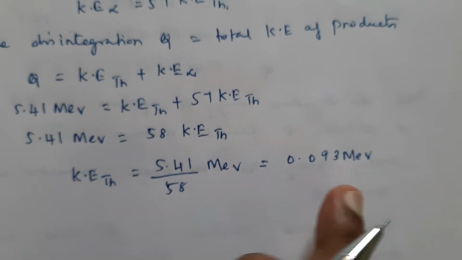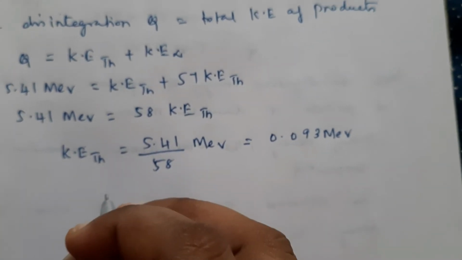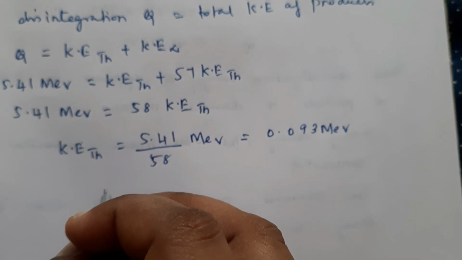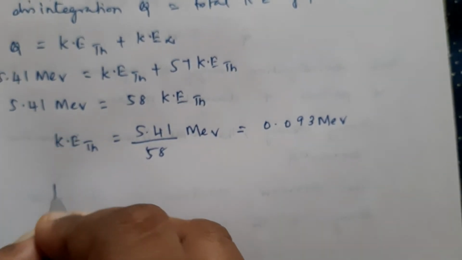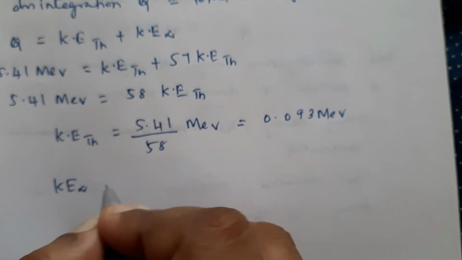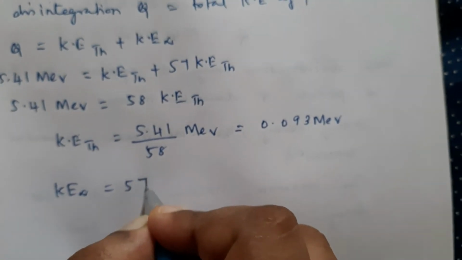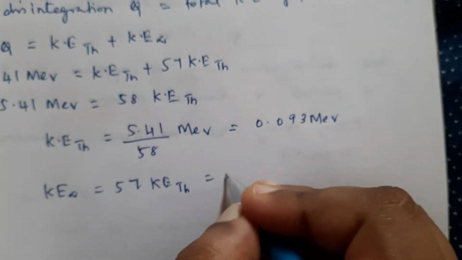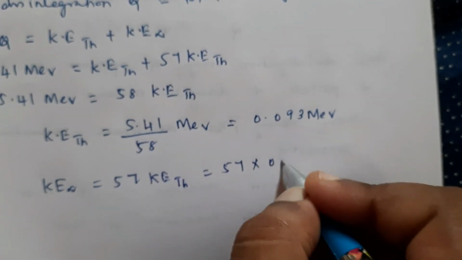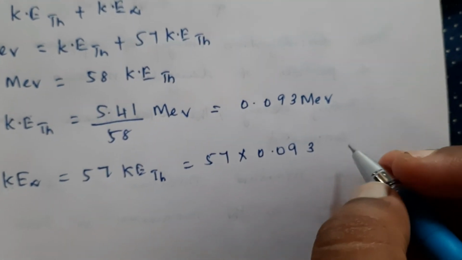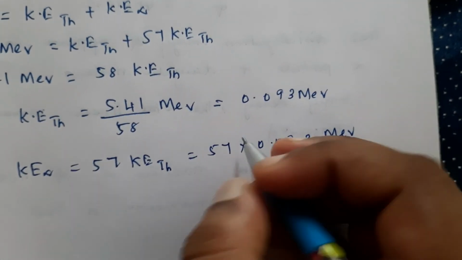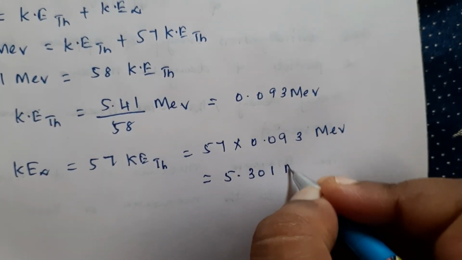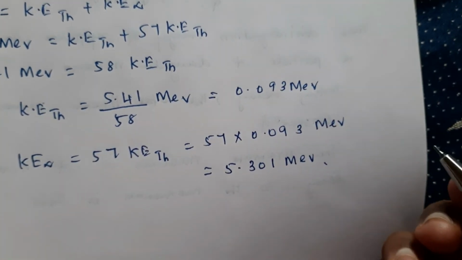So we have got the kinetic energy of thorium as 0.093 million electron volt. Now what is the kinetic energy of the alpha particle? That is 57 times the kinetic energy of thorium, so 57 into 0.093 million electron volt. We will get 5.301 million electron volt.